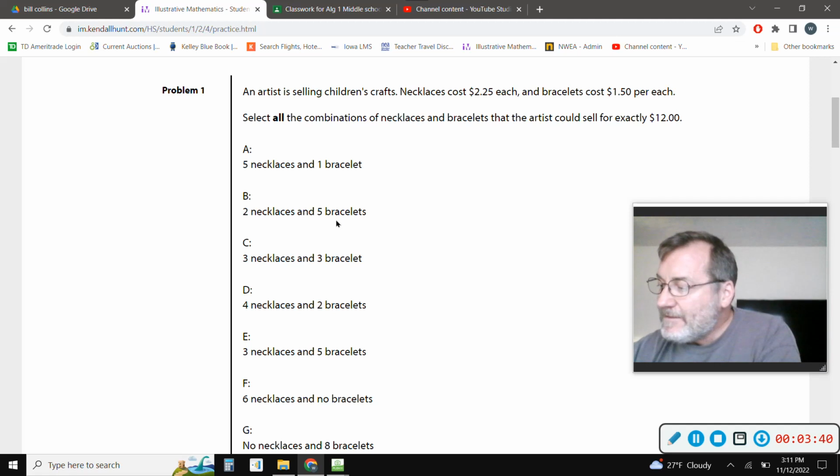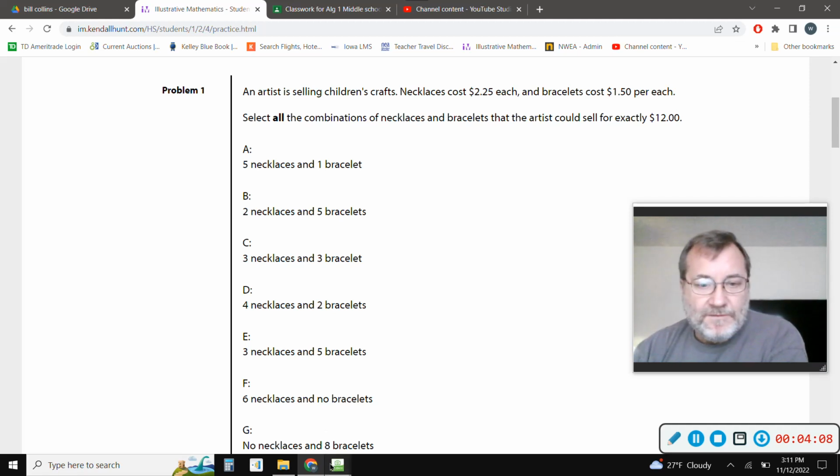We're going to see what that equals. Well, 2 times 2 1/4, that's $4.50. Plus 5 times 1.5, well, 5 times 5 is 25, you carry the 2, and you get 7.5. Well, 4.5 plus 7.5 does in fact equal 12. So B does work. A up here does not.